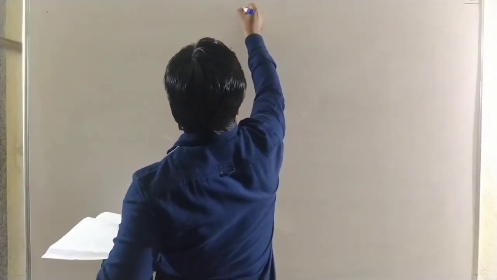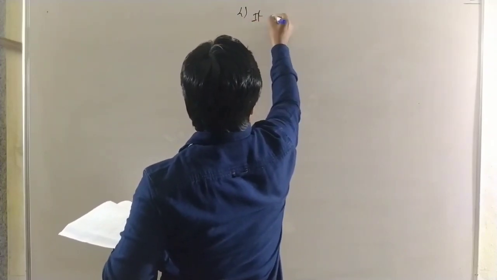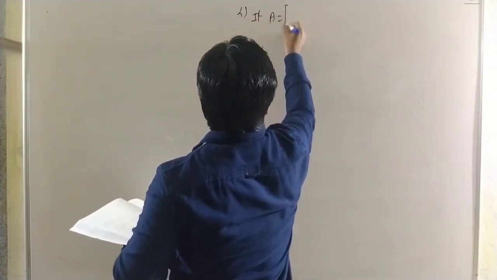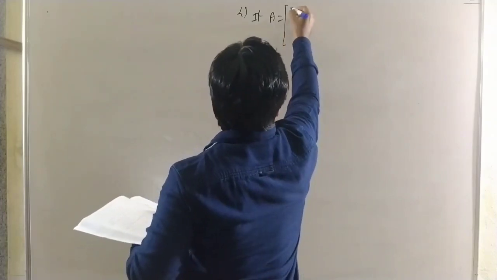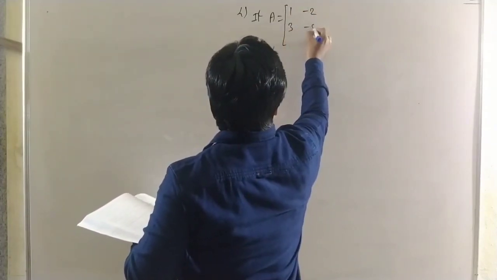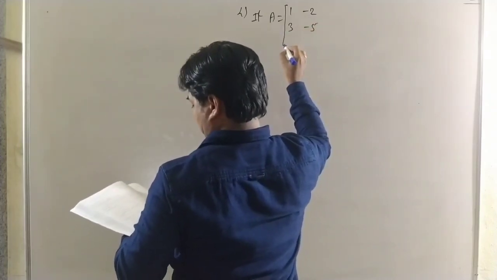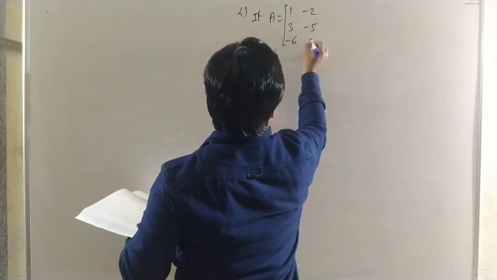Again the same kind of example, it is the fourth example. If A is 1 minus 2, 3 minus 5, minus 6 0, minus 6 0.